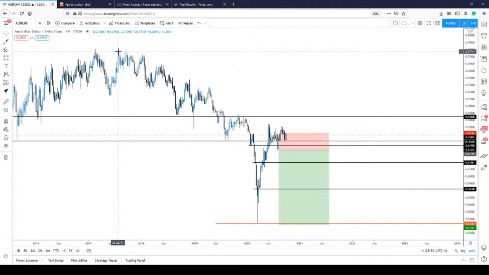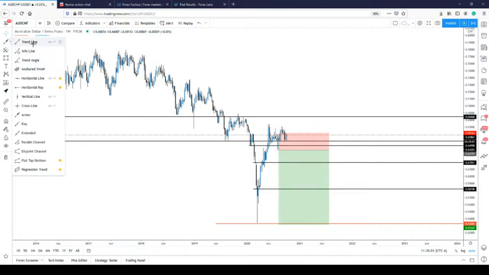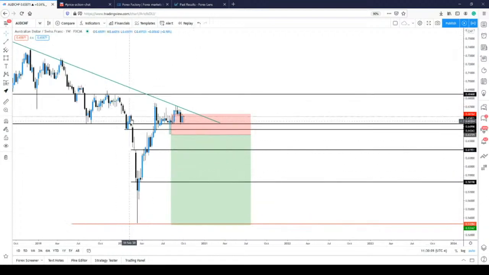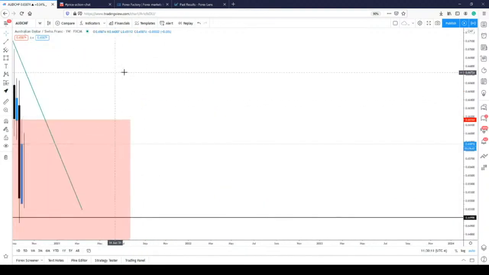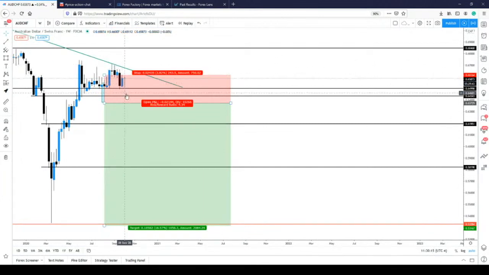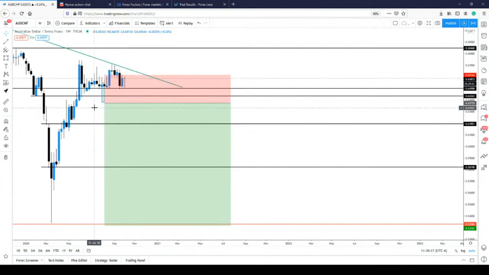Since roughly July 2017, we have started a downtrend, a simple downtrend. Here I'll draw a trend line. You can see we're in a simple downtrend since 2017, so almost 3 years, actually 3 years and a few months. A few weeks ago, we actually tapped that trend line and had a few rejections down. That's why my bias is short.